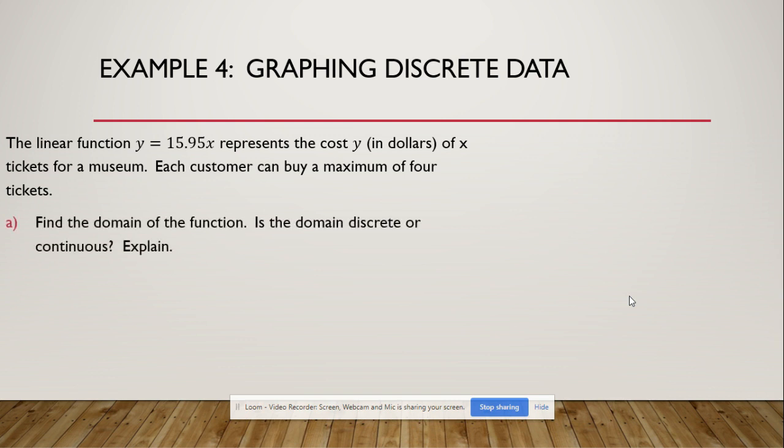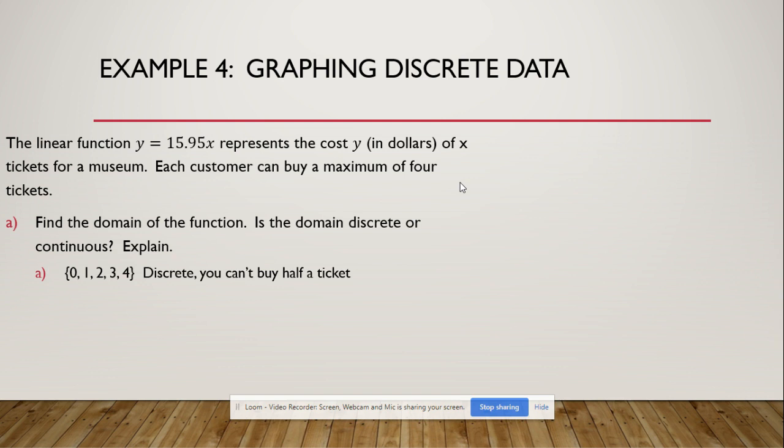So the first thing we want to do is find the domain of the function and identify if it's discrete or continuous. Now, the domain is going to be our x variable, all the values of the x variable. So what are the possible combinations? Well, first, because it's tickets, we just think, can I buy half a ticket? Well, no, that makes no sense. So it's going to be discrete.